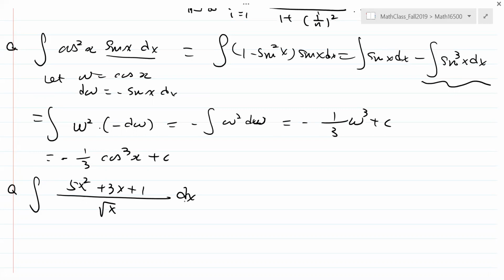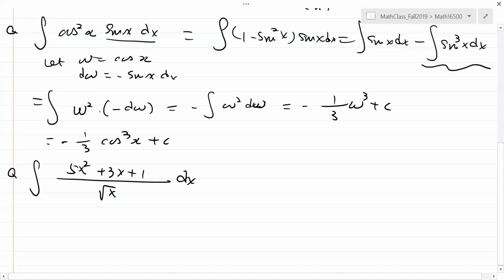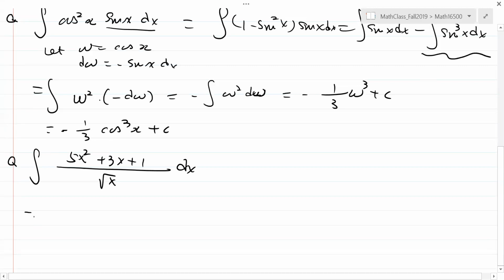So the only way you can solve this problem is to express the fraction as a sum of power functions. So 5 x squared divided by square root of x will be 5 x to the 2 minus 1/2, 3/2, and here x to the 1/2, here x to the negative 1/2, dx.